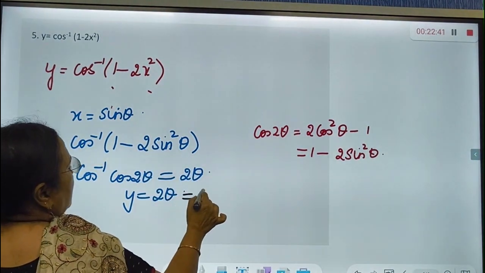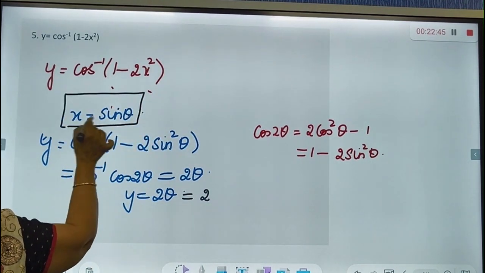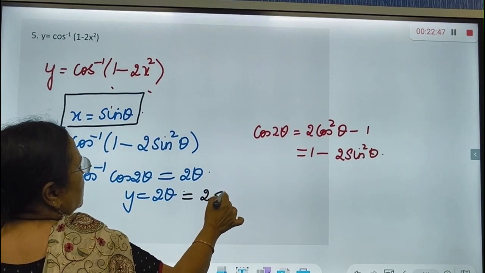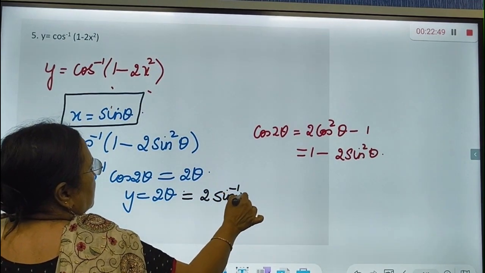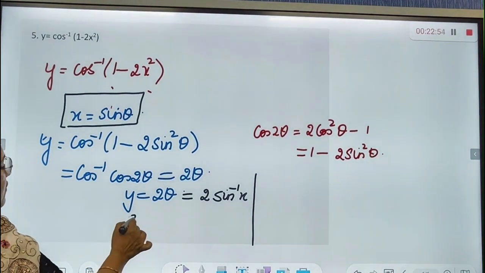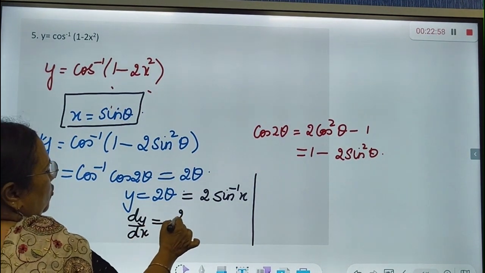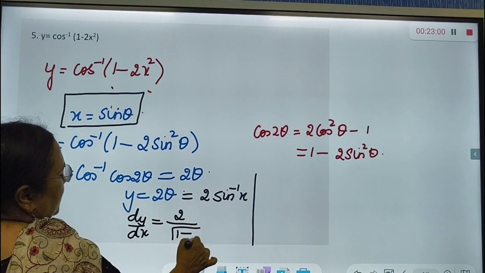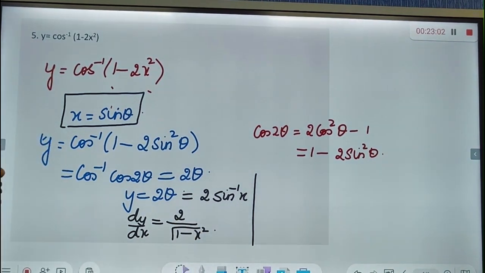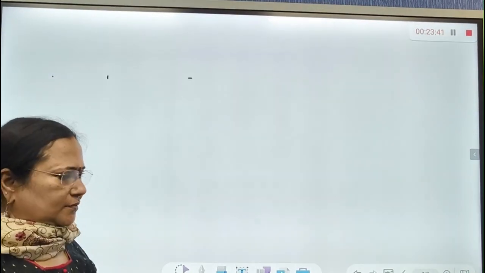But what is theta? When x is sine theta, theta is sine inverse x. So y equals 2 sine inverse x. So dy by dx will be 2 by root of 1 minus x square. Is it clear? Are you all able to follow?